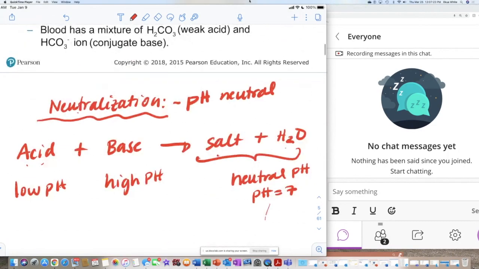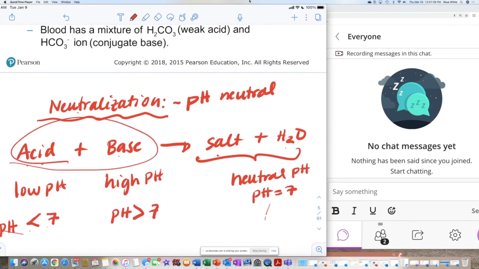When I say low pH, I mean less than 7. How do I write this? pH is less than 7, right? And when I say base has a high pH, the pH is greater than 7. But when you react these two, you make two products that usually form a neutral pH. Now, this is not true all the time, but this is usually the normal, okay?